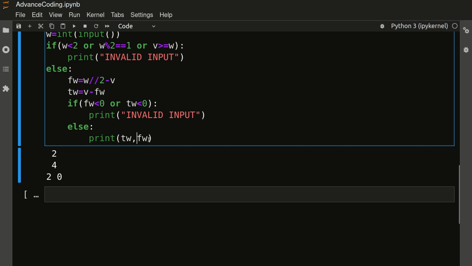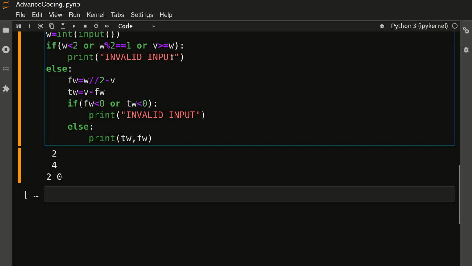And never print something extra, like writing xyz after the comma. Do not do all this, or it will be wrong. Whatever way the output is given, do the same: space separated then space separated, line separated then line separated. Keep this in mind, or else you have solved everything correctly and just for writing the output you have done it wrong.